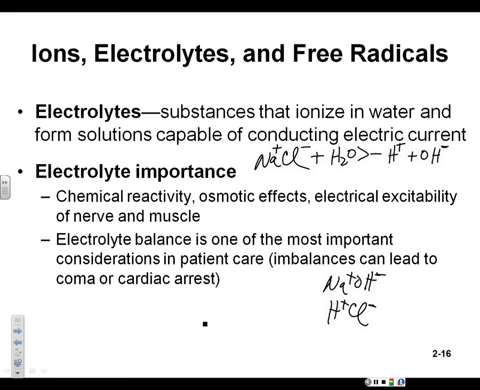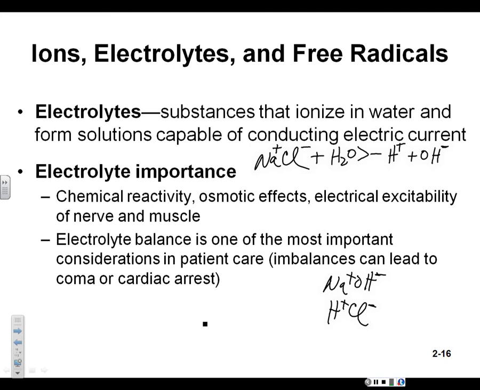Ionized means they carry charge. Electrolytes play an important role in chemical reactions. They allow for nerve impulses to come in to make muscles or glands respond in some form or fashion.